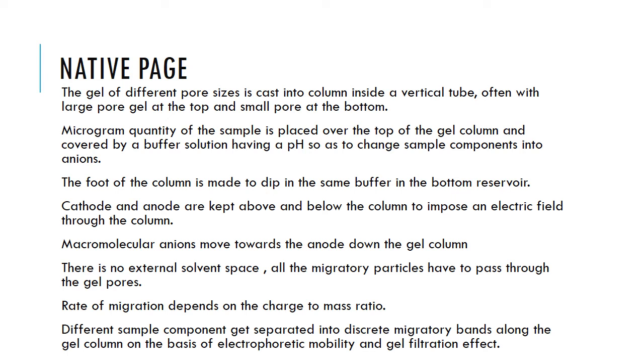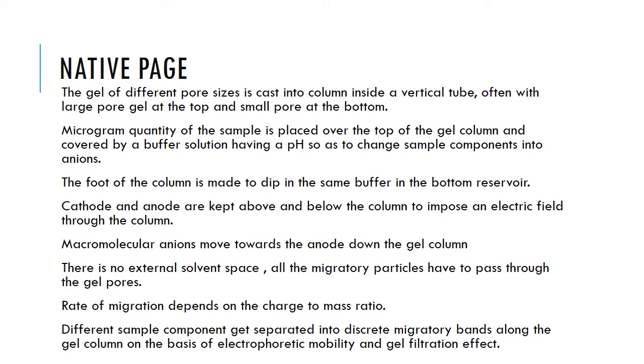The foot of the column is made to dip in the same buffer in the bottom reservoir. The cathode and the anode are kept above and below the column. The cathode is negatively charged, and the anode is positively charged, so one is kept on top and the other at the bottom.